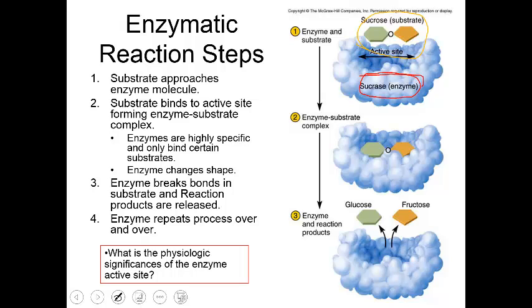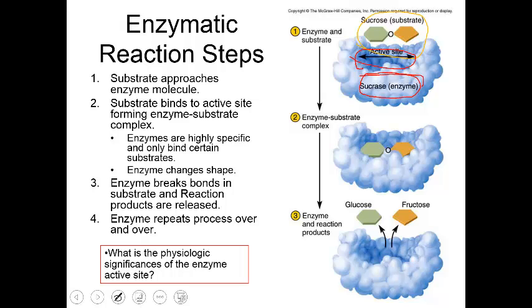So on the surface of the enzyme, you are going to have a region where your substrate is going to come and attach. The site on the enzyme wherein the substrate is going to come and bind is called the active site. So the active site is like an antenna. This antenna is going to grab whatever is coming at it.